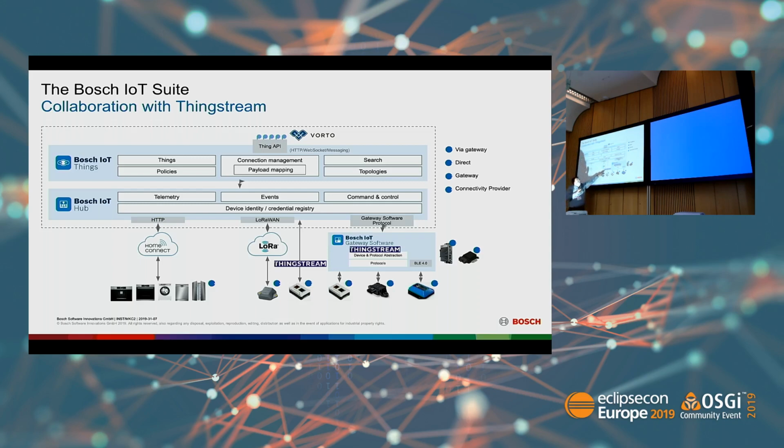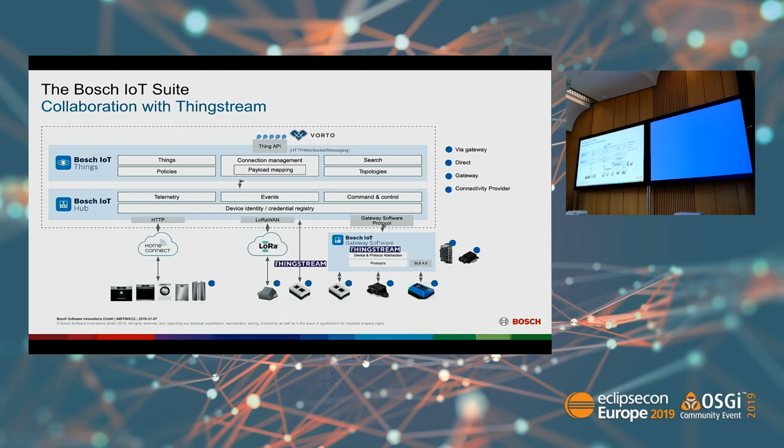And on top of this, we are currently working with ThingStream on building a demo using the XDK. Probably you will find it somewhere here in some of the exhibitions. This is a sensor development kit. It's quite small.